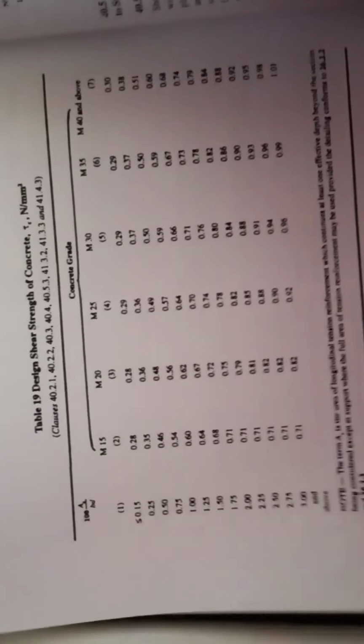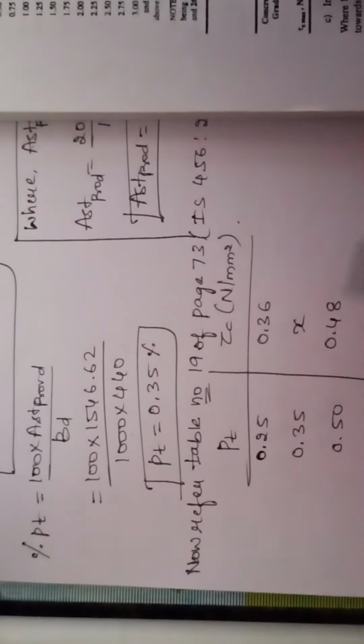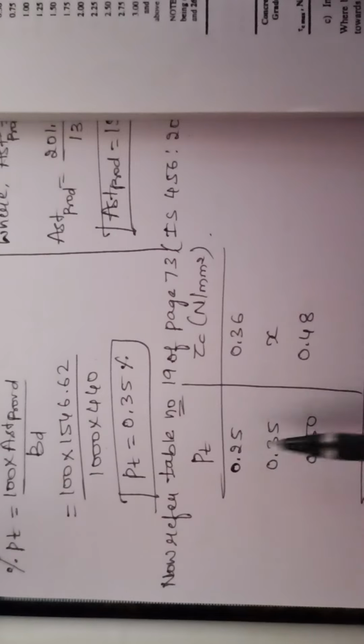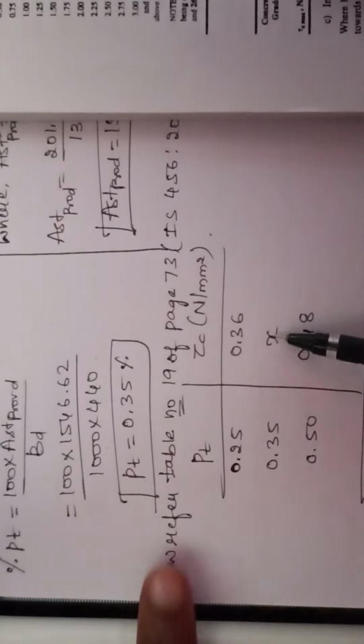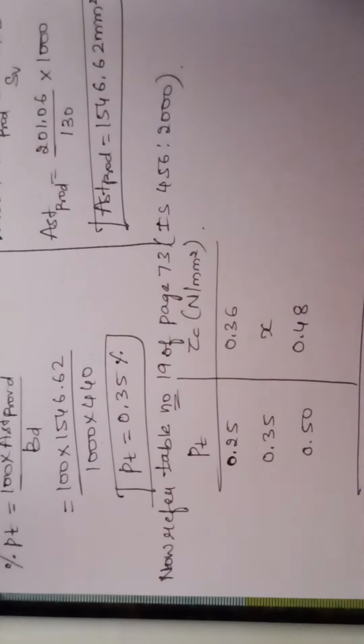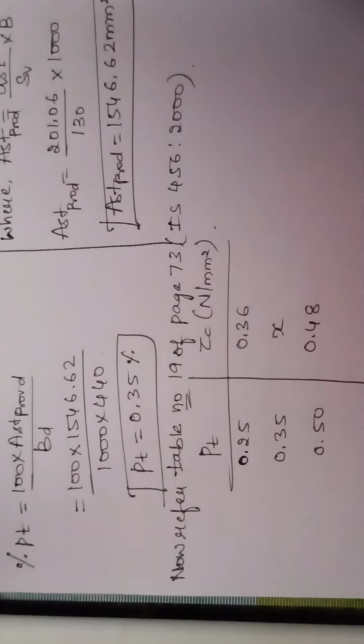That is what I have written here. The first value is 0.25, tau C is 0.36. For 0.5 the tau C is 0.48. Now we are searching for the value of tau C for a steel percent of 0.35. Let us name it as X and keep 0.35 in between those two values.